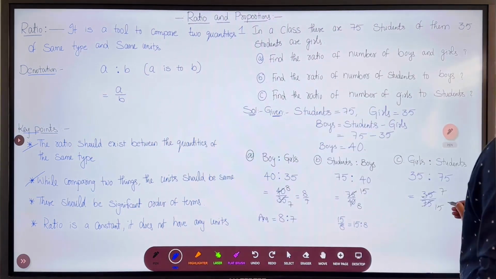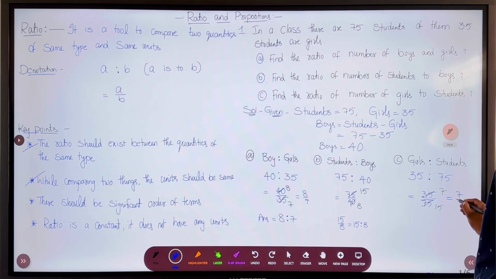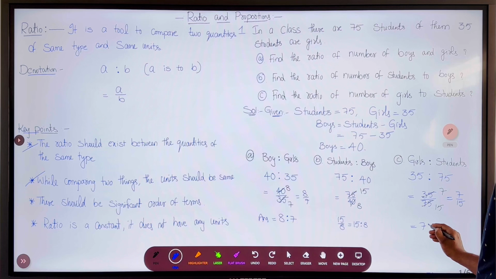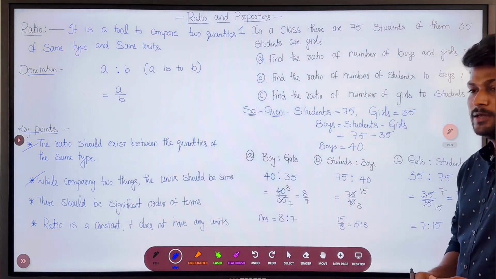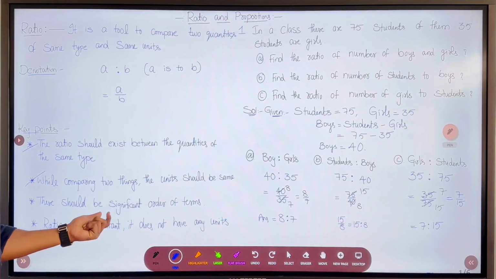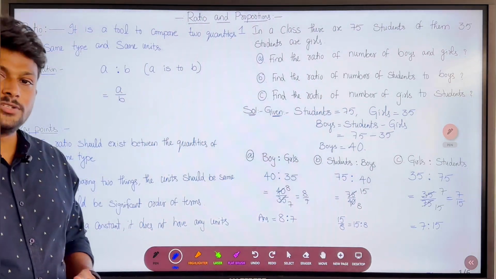Ultimately we got 7 by 15, which means 7 is to 15. In this way we do the comparison, and we have seen how to maintain significant order. Have you understood?